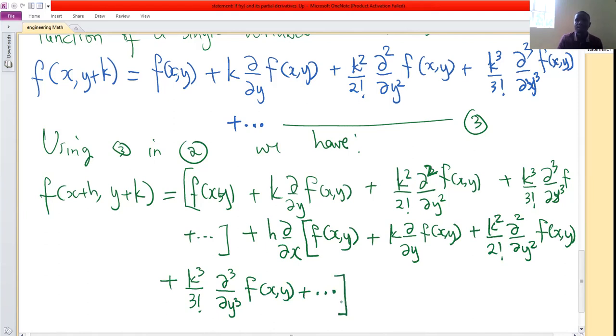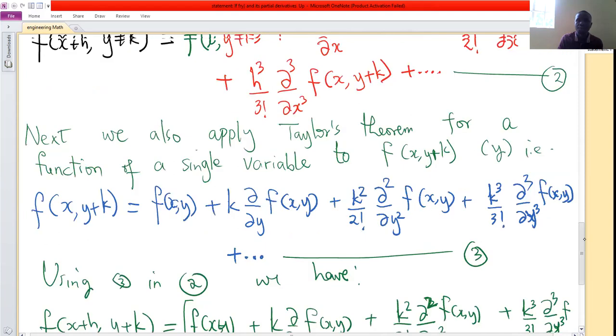So that is rewriting the second term of equation 2.